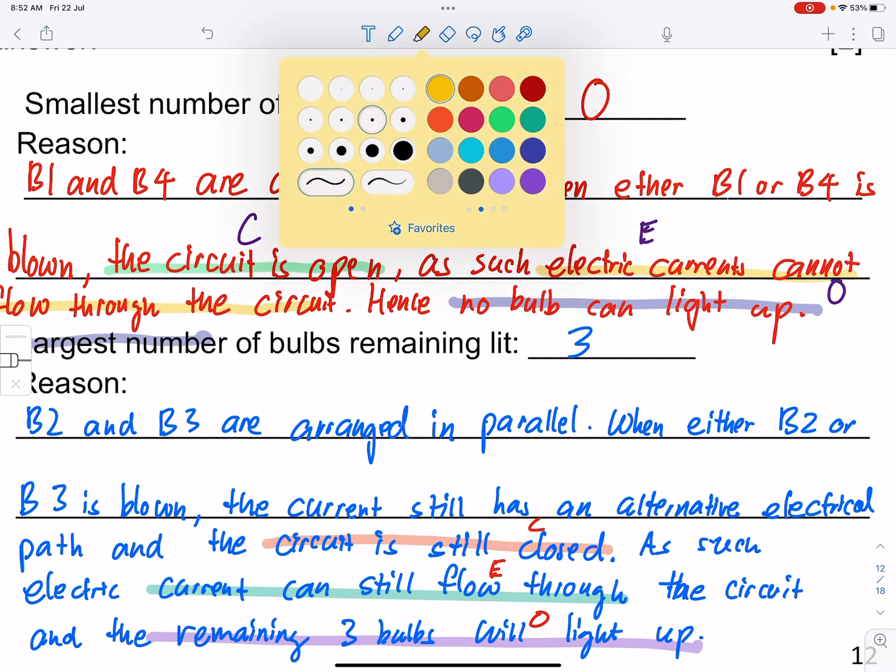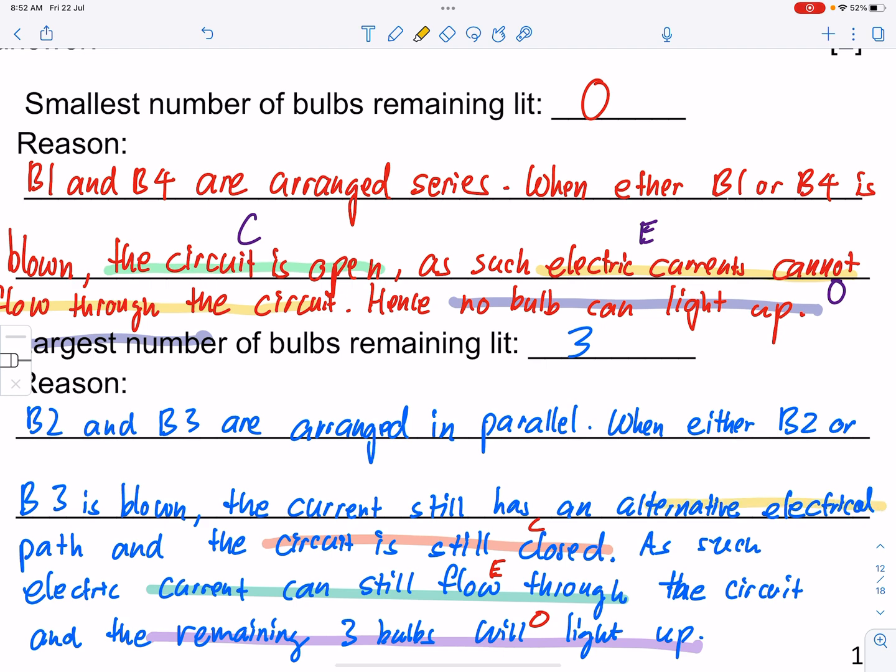Now, I would like everyone to memorize this phrase, alternative path. This answer is used to explain, for bulbs arranged in parallel, what happens when one of them blows and the other still can light up.